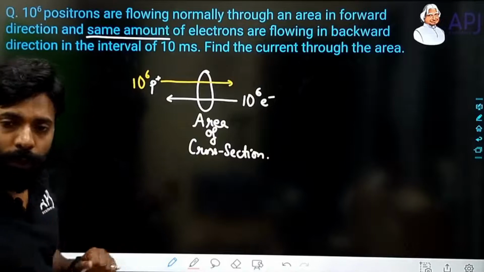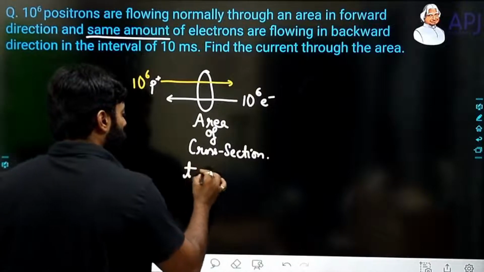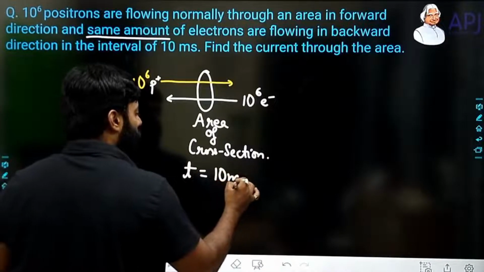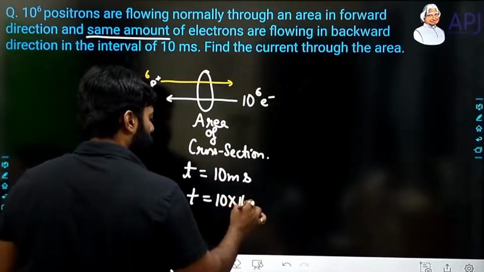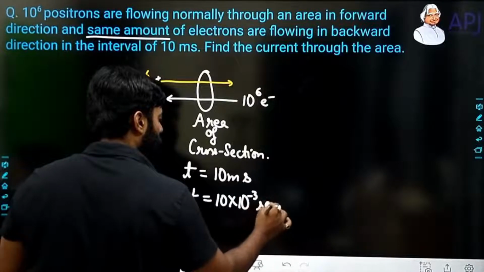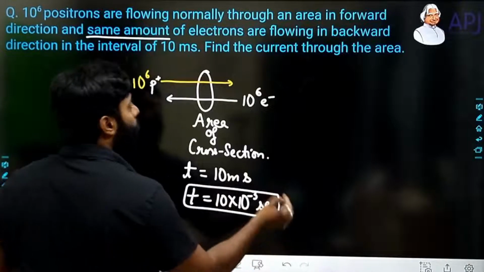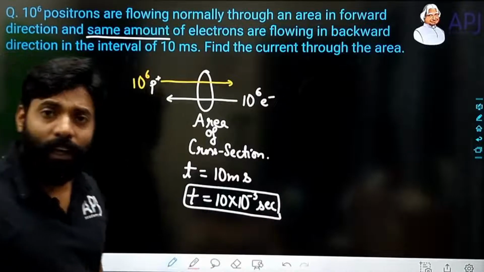And time is also given to you. The time is 10 milliseconds. And you need to find out the current through that.